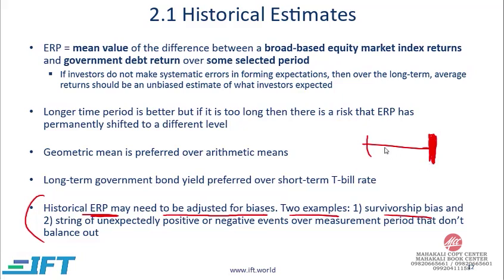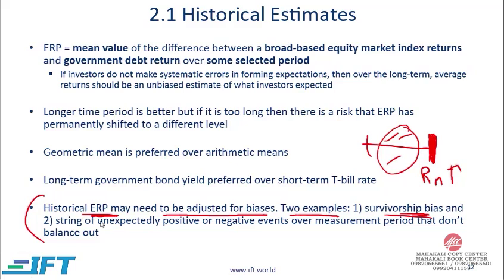And the stocks that haven't survived have dropped off along the way. These stocks that dropped off probably were the stocks that did not perform well. So because of this survivorship bias, will the market return be overstated or understated? It will be overstated. So the equity risk premium will be overstated or understated? It will also be overstated. So this is a bias that might need to be corrected.